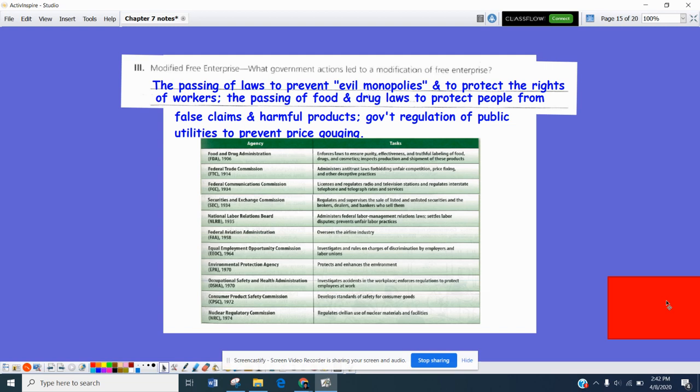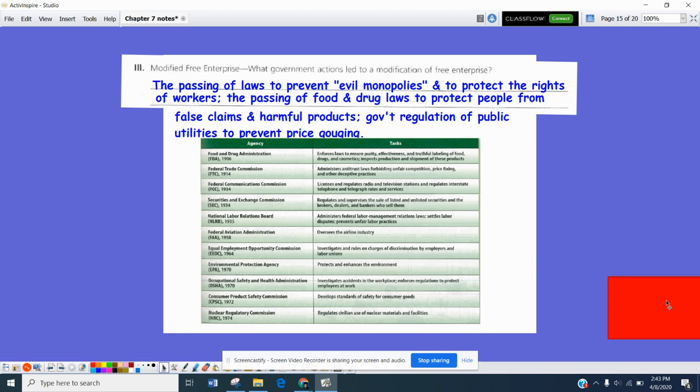regulating and supervising the sale of listed and unlisted securities and brokers and such. Again, out of the New Deal, you had the National Labor Relations Board making sure that labor and management relation laws are kind of looked after, settling any kind of labor dispute, preventing unfair labor practices.